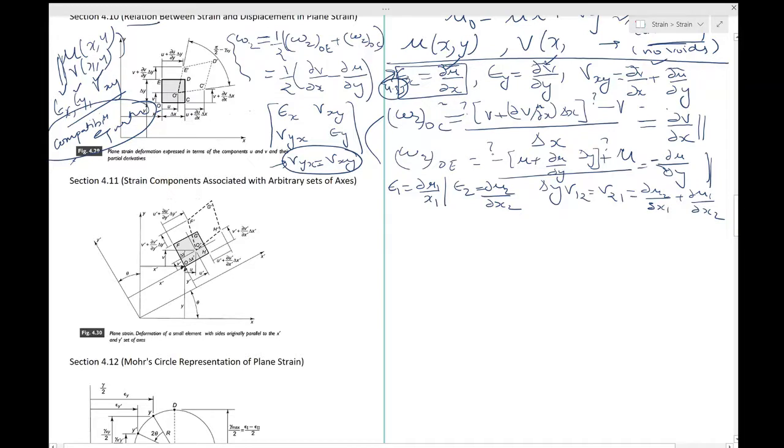So that's how you can write the indicial notation, and you can write it in the index form as half into dou ui by dou xj plus dou uj by dou xi.